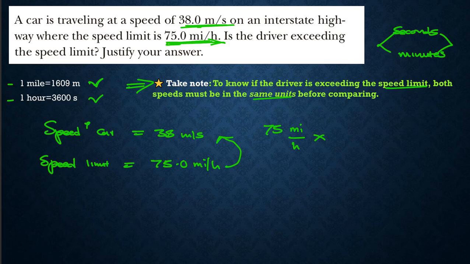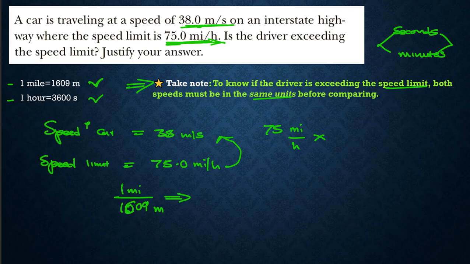We know that 1 mile is equal to 1609 meters, which can also be written in this form: 1 mile over 1609 meters. But we are going to write this fraction in such a way that the mile may cancel.